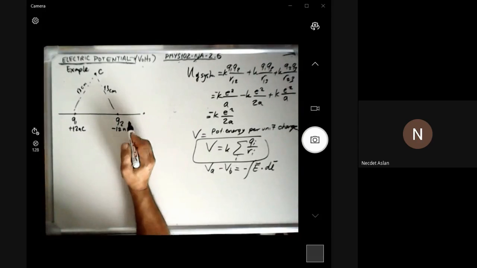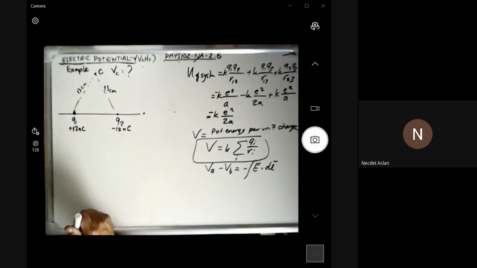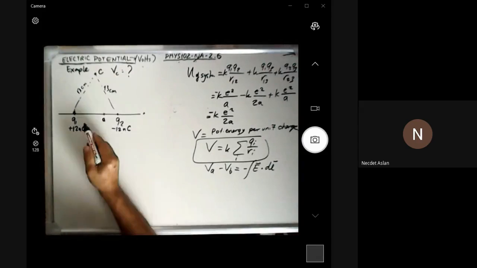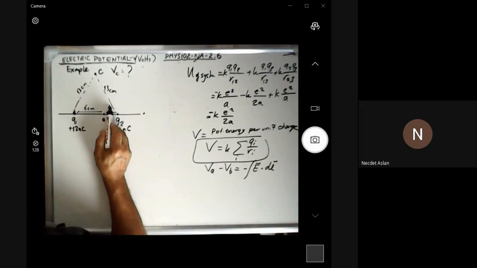And we would like to find what is the potential at point C. And what is the potential at this point A, where this is 6 centimeters, and this is 4 centimeters.